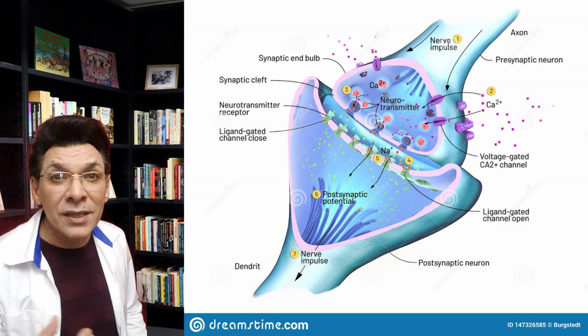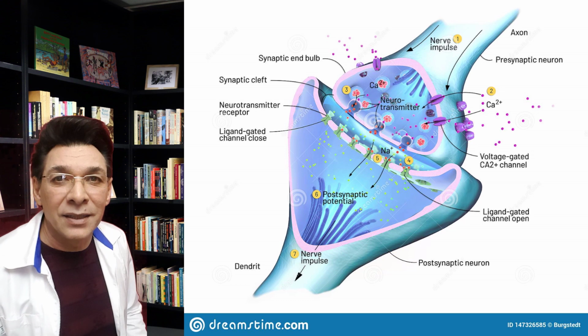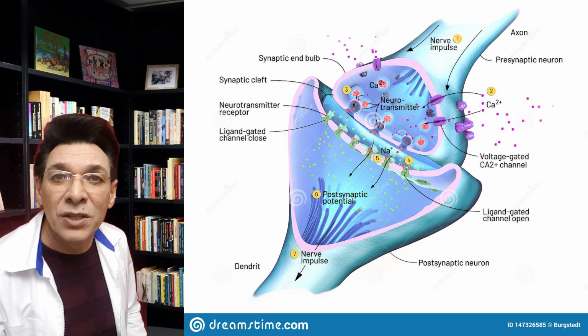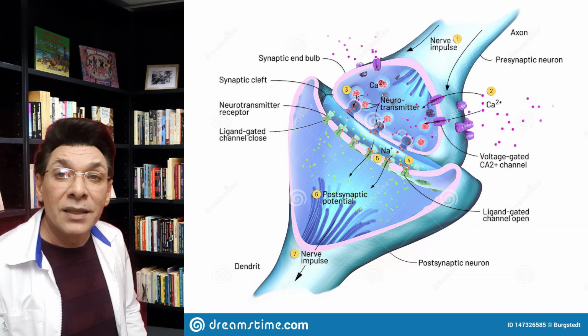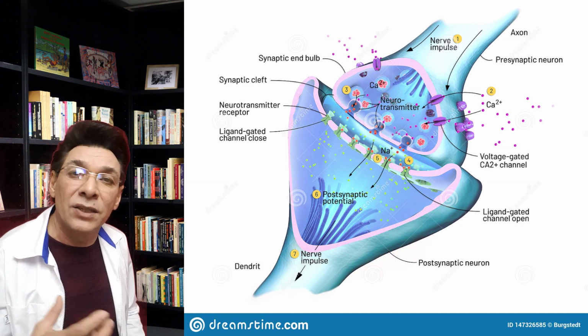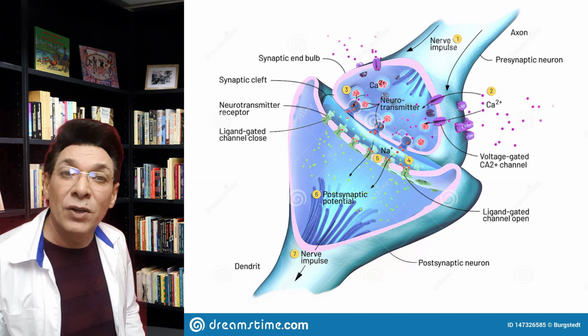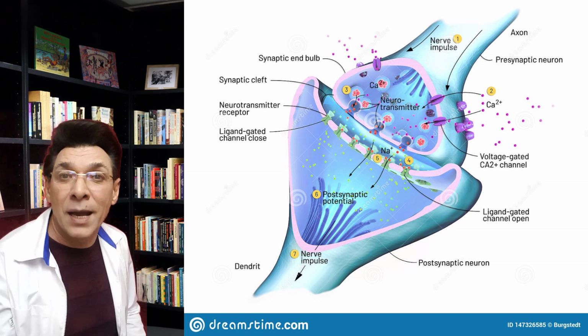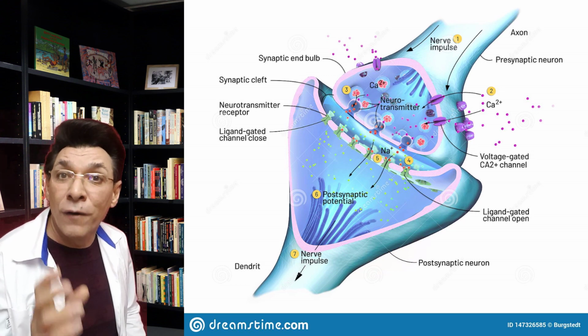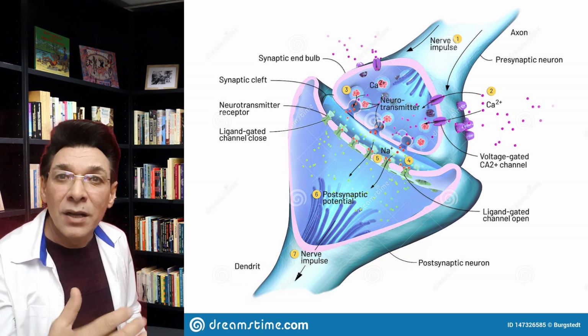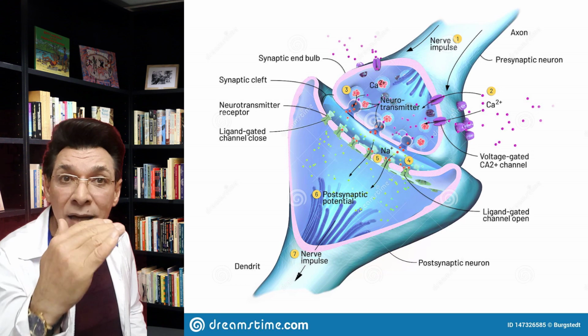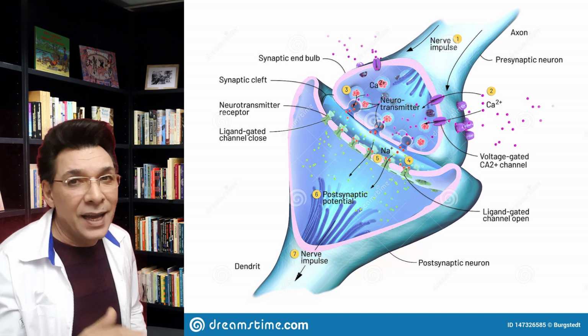The neurotransmitter acetylcholine is a general neurotransmitter in the nervous system. It activates cholinergic synapses in 4 steps. Remember, please, the 4 steps of activating cholinergic synapses. First, an action potential arrives at the axon terminal.